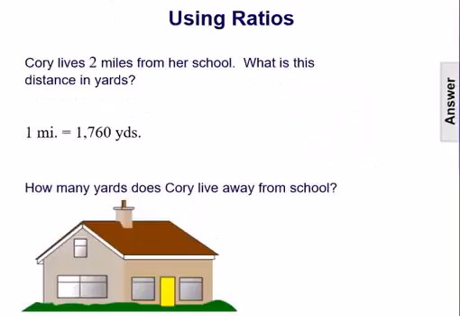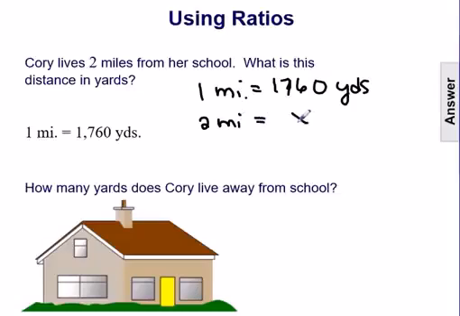Now for our last problem, we have Corey lives 2 miles from her school. What is the distance from her school in yards? We're trying to figure out how many yards Corey lives away from school, knowing that 1 mile is equal to 1,760 yards. So that's our first rate we can use. But we want to know 2 miles from school.